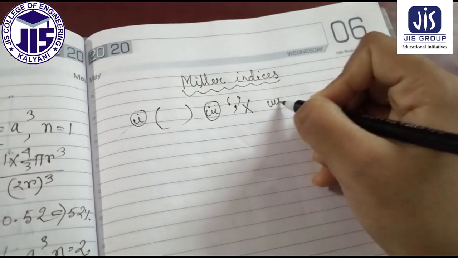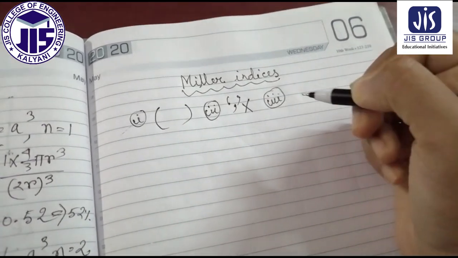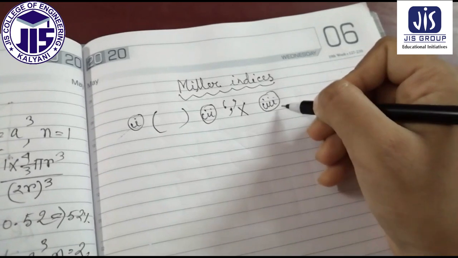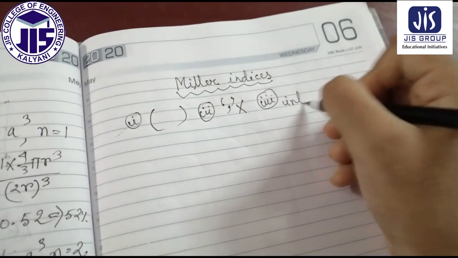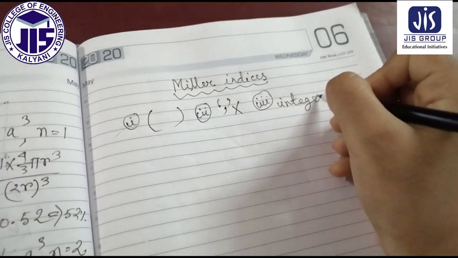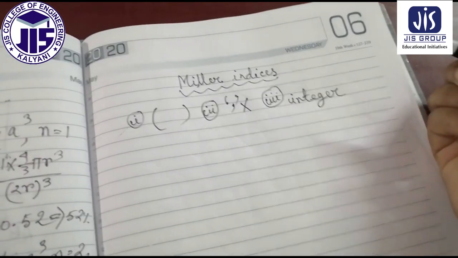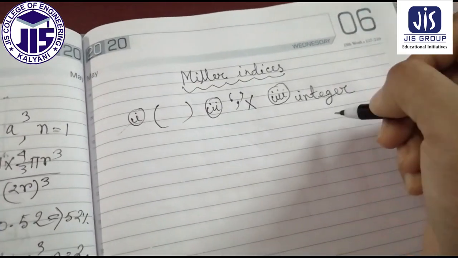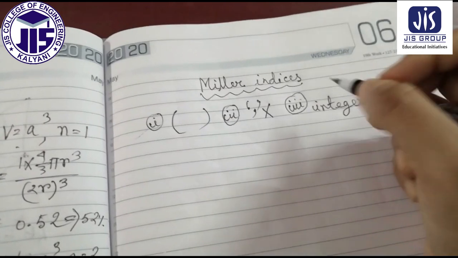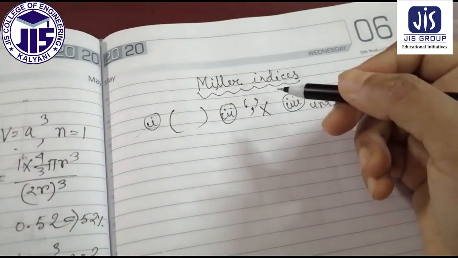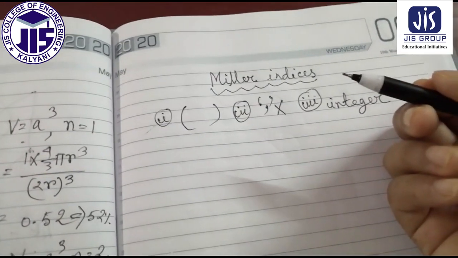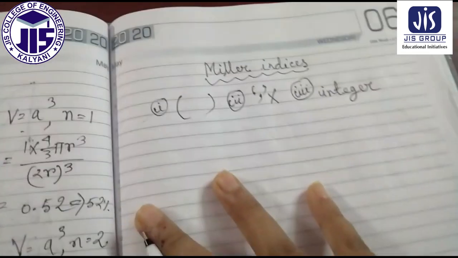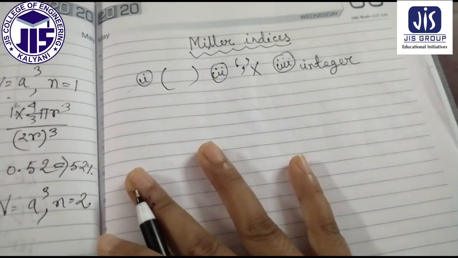The third point is, there must be some integer. There must be some integer. So if there is any fraction, then we can consider it not to be Miller indices. So these are the basic rules.